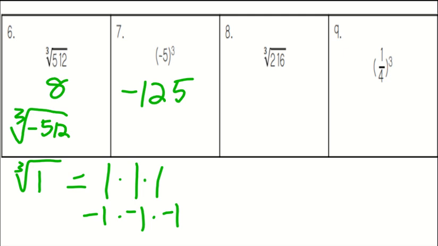Cube root of 216. Corey? 6 is correct. All 3 of those, that chart was pretty helpful, right?